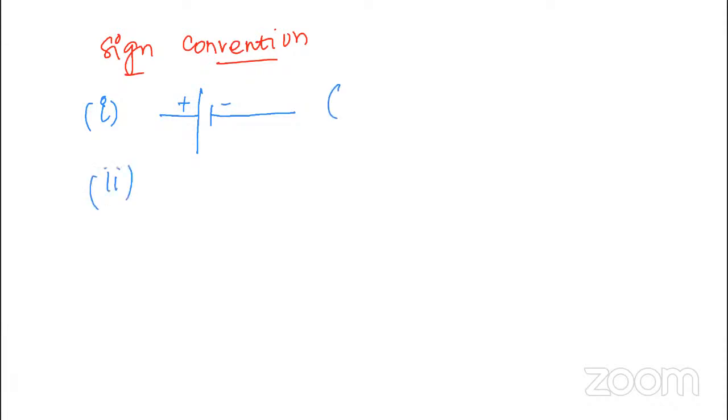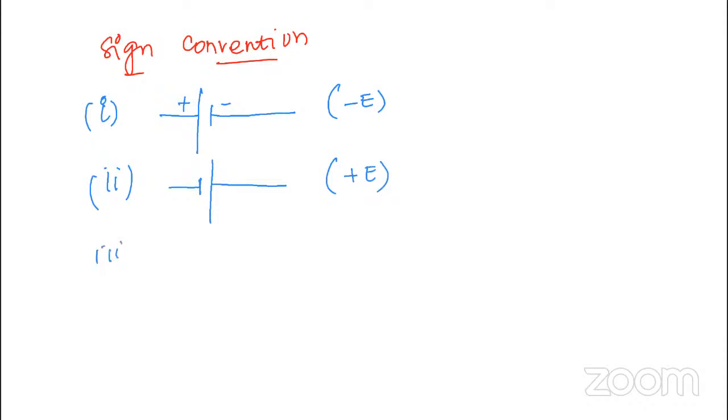For the cell, if you take it as minus E, then the E value should be positive.